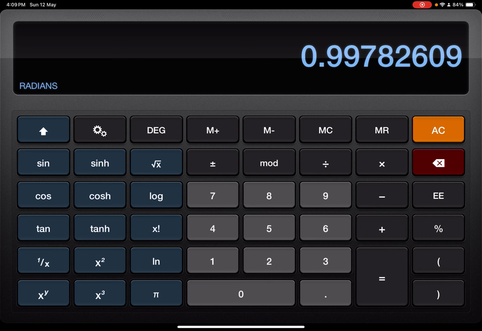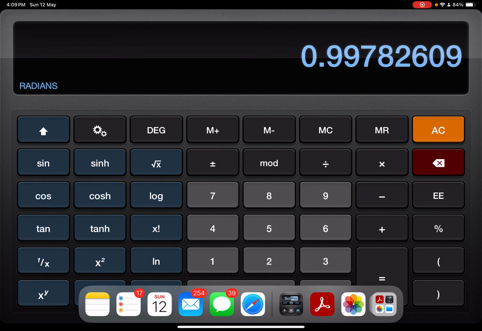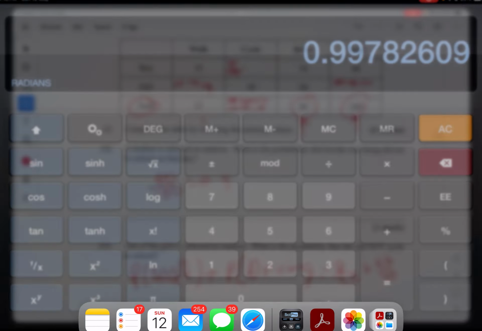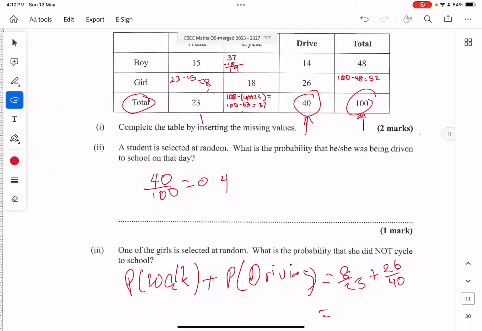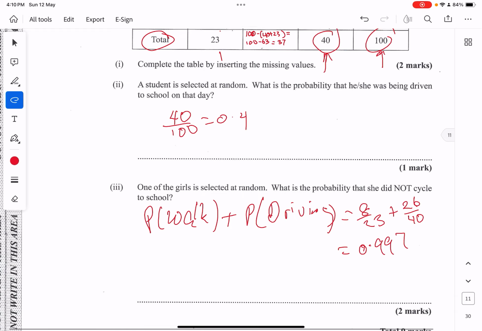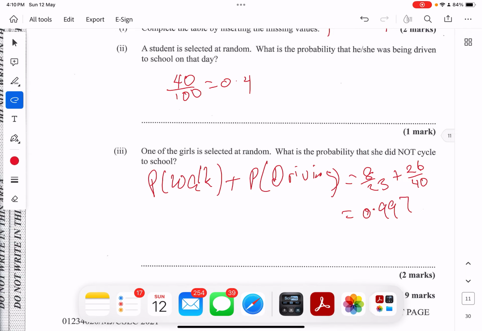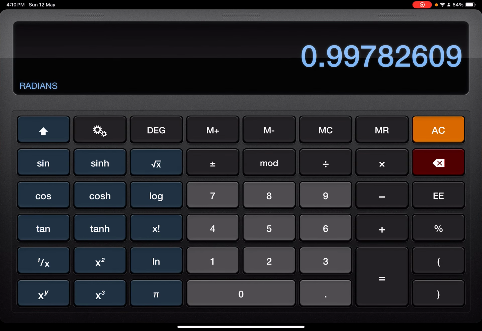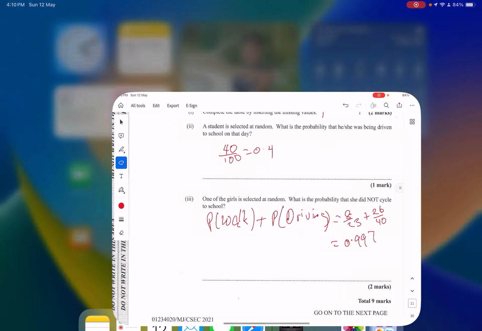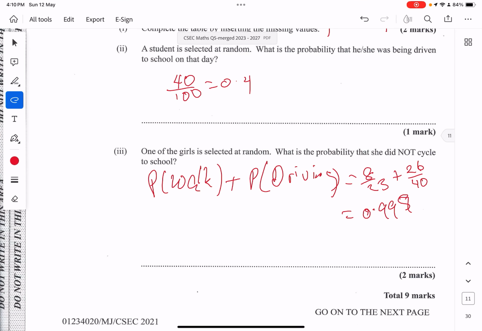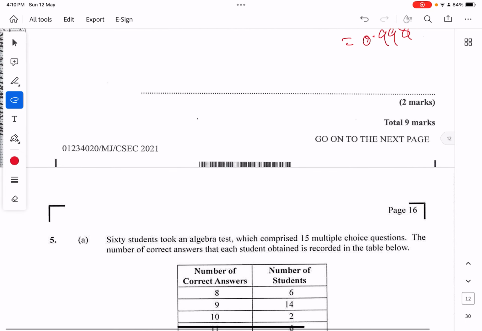That equals 0.997. Was it 7 or 8? Let me check again. 0.998, sorry. 0.998. Alright, so we'll stop there with question 5.